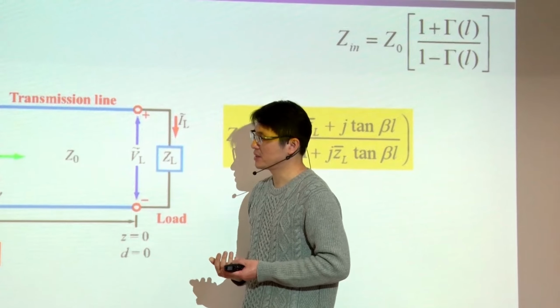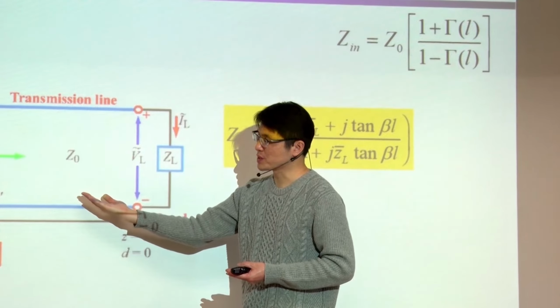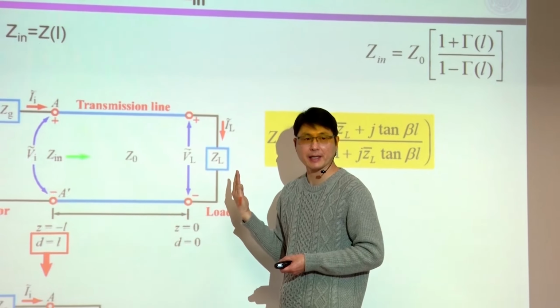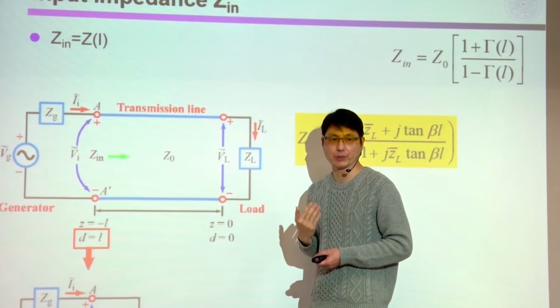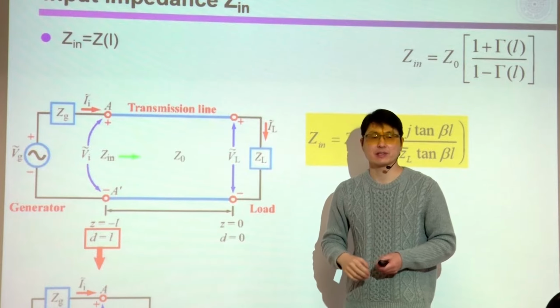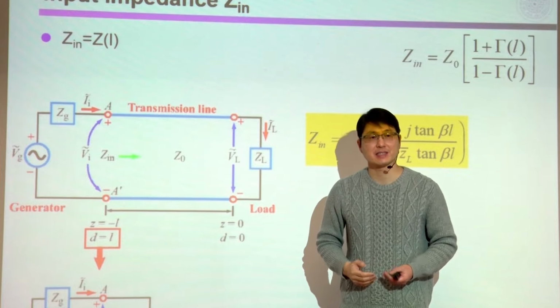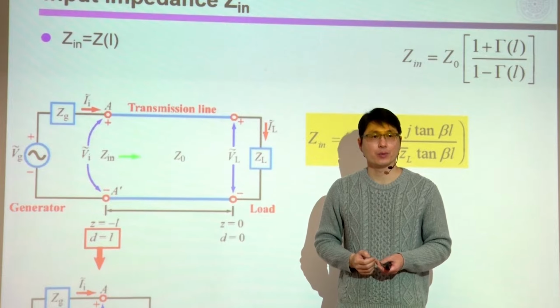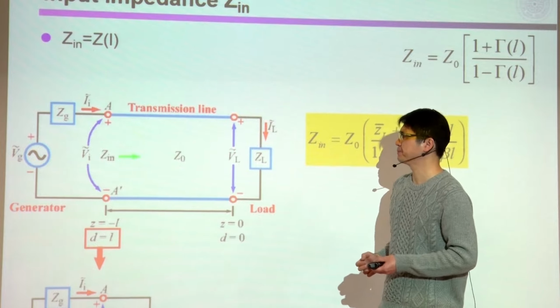gradually increased. We know that on a transmission line with some kind of load, we have a forward propagating wave and a backward propagating wave. So we have 2 waves. And once we have the 2 waves, it will create some kind of standing wave, which we explained on Wednesday as well. Okay.